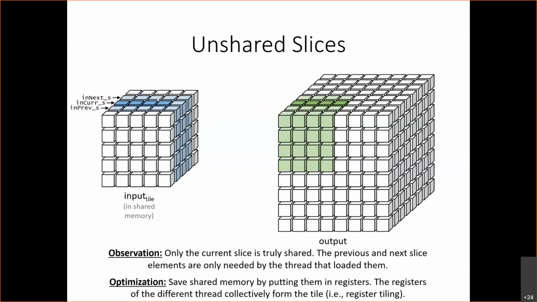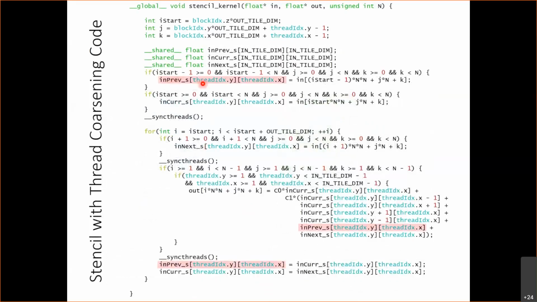So if we go back to the code, you'll notice that for this previous plane, every time I access it, I'm only using threadIdx.x and threadIdx.y. I never access from the previous plane something that belongs to another thread. Same thing with the next plane. When I index it, I always use threadIdx.x and threadIdx.y.